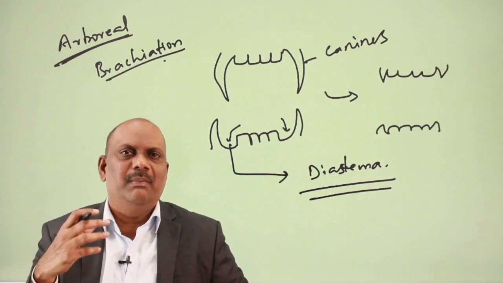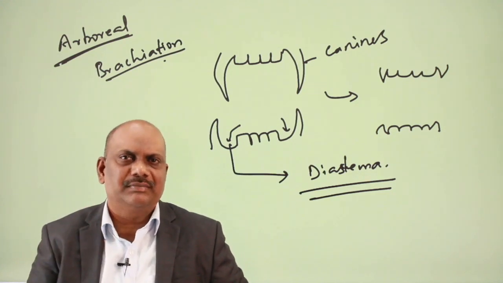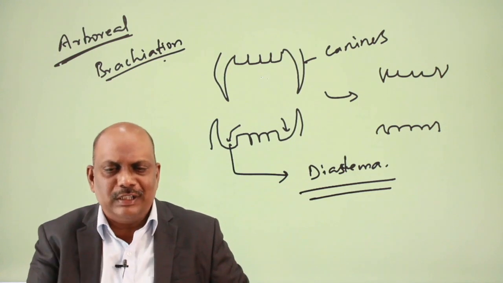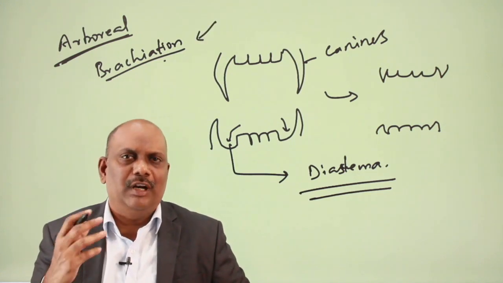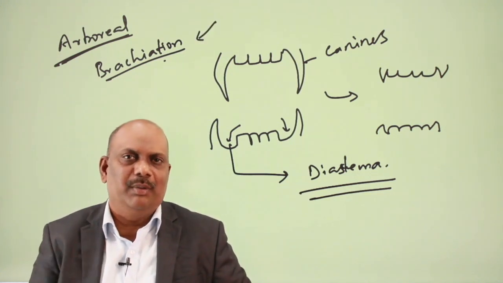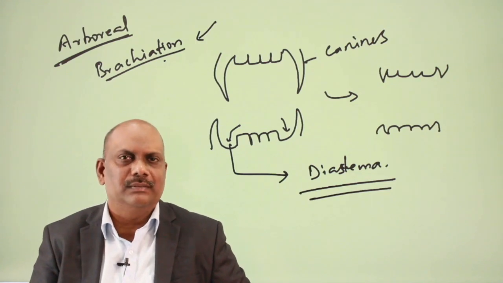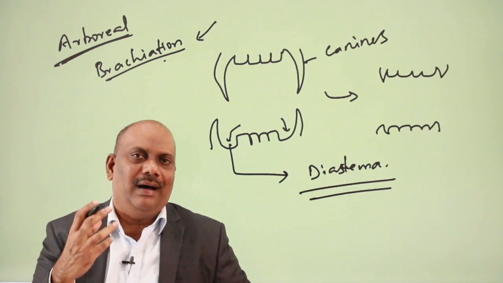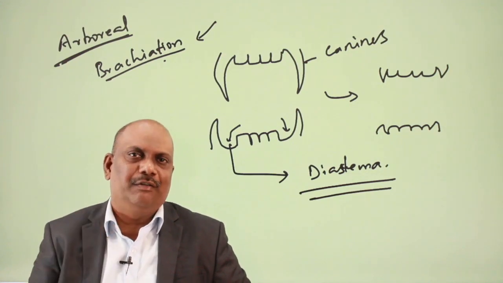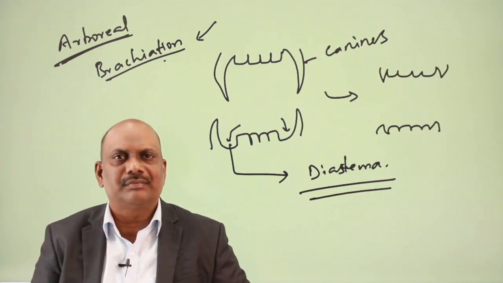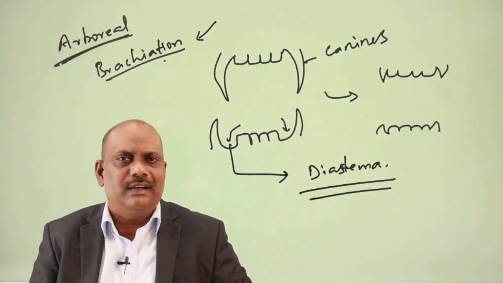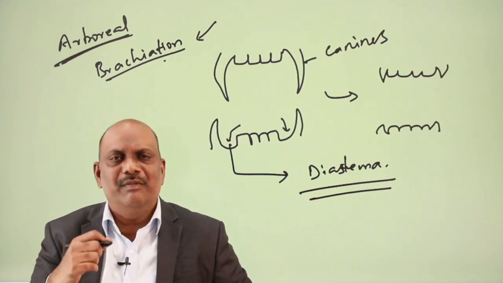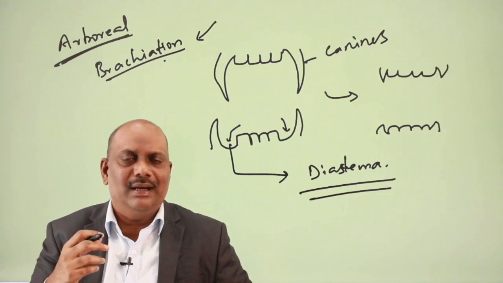Brachiation means jumping between branches. In this process, all their four limbs were used for locomotion. So they were forced to use their mouth for hunting and collection of fruits or tubers. For that, their canines used to be very large and tusk-like.